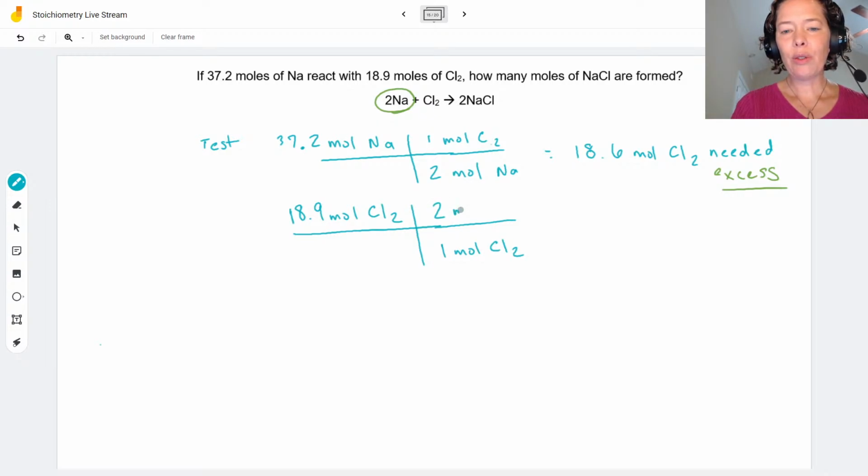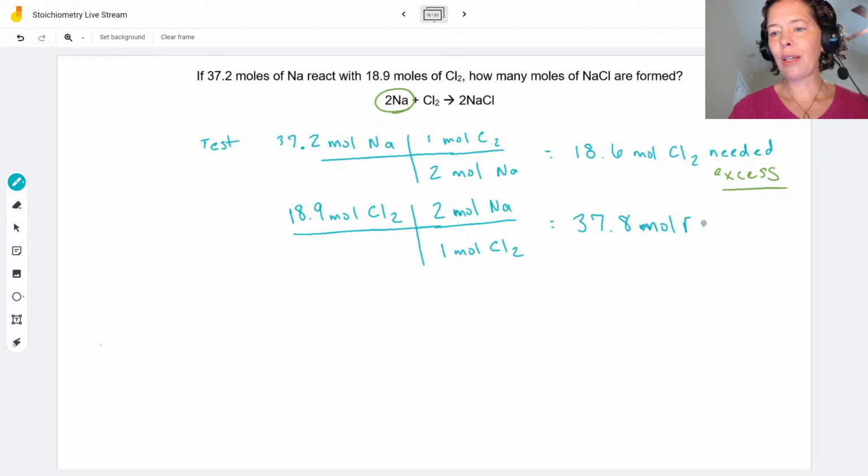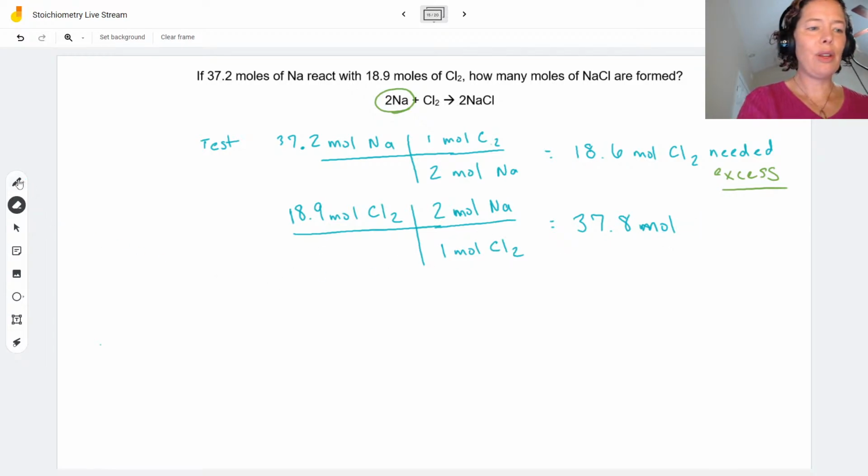This is going to be 2 moles of sodium in the numerator. Okay, so this gives me 37.8 moles of sodium, again, needed. And let me rewrite that. Sodium.